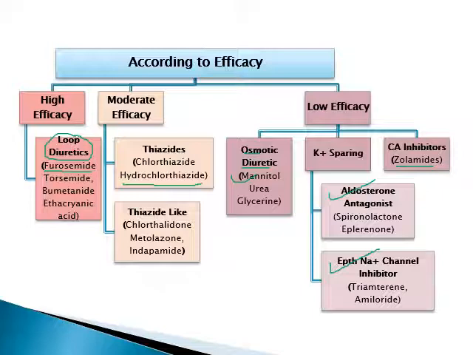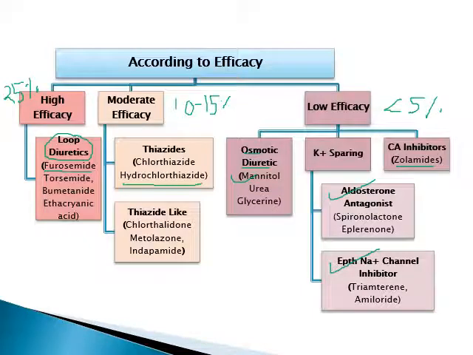So basically this classification, that is based on efficacy, is again based on the ability of a drug to excrete out the sodium. Suppose this high efficacy diuretic is causing the excretion of sodium of about 25%, while this moderate efficacy diuretic causes urinary excretion of sodium of 10 to 15%, while in case of low efficacy diuretics the urinary sodium excretion is less than 5%.